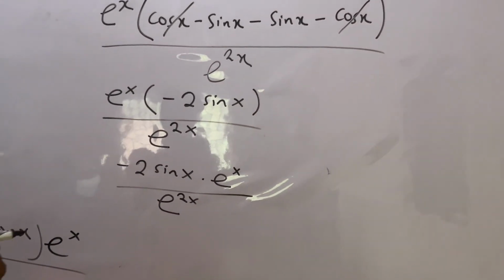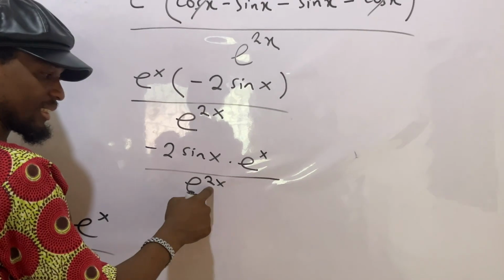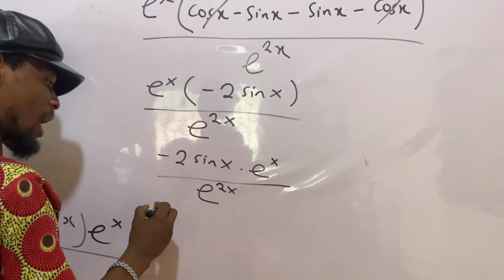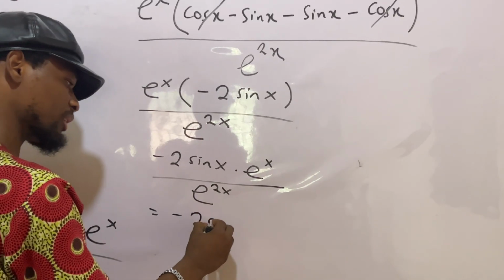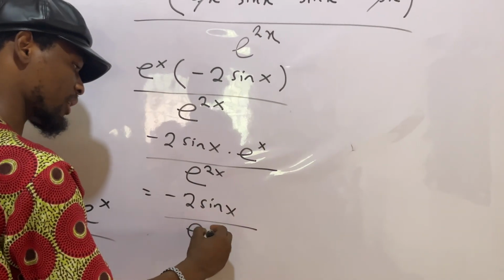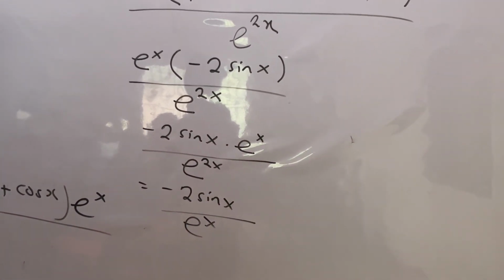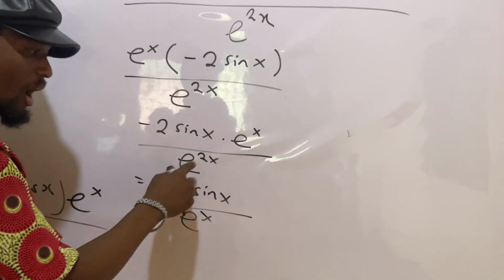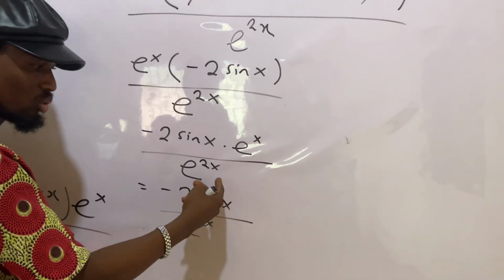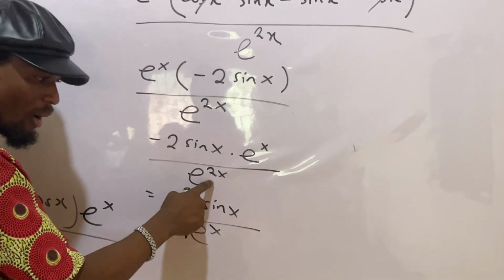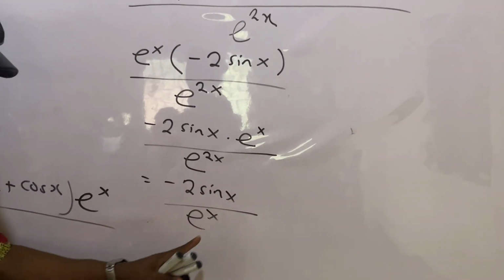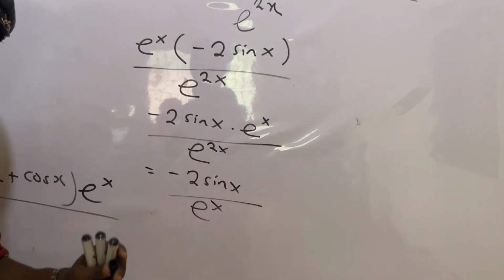Now viewers, this will cancel one of these. So I'll have negative 2 sine x all over e to the power x. It's like you have e to the power x and twice of e to the power x, so one of the e to the power x in the denominator will eliminate this. Then nothing goes here, and you are left with e to the power x being 1, right?